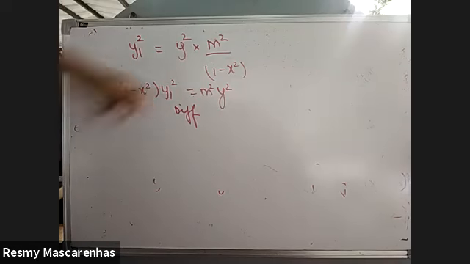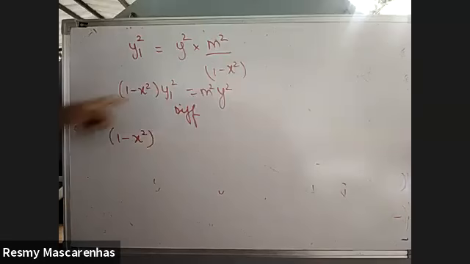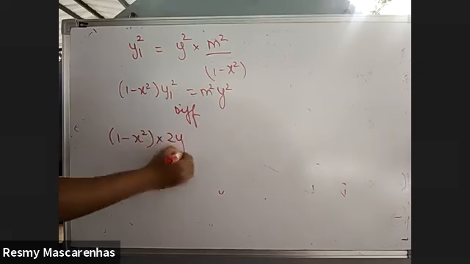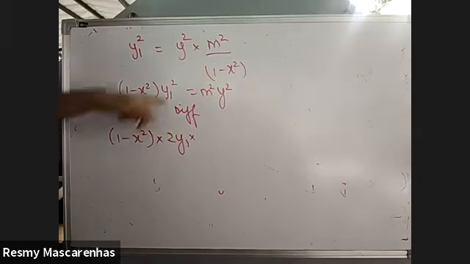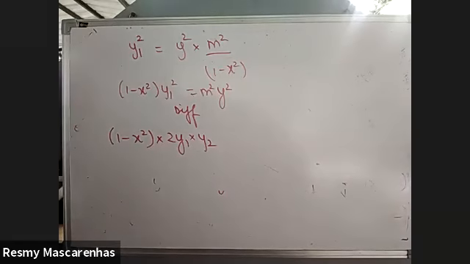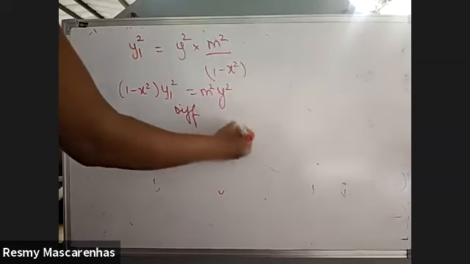Whenever there's a square, u into derivative of v. Square is there. So first what it will become? 2y1 into the extra derivative of y1, which will give you y2, plus v into derivative of u.